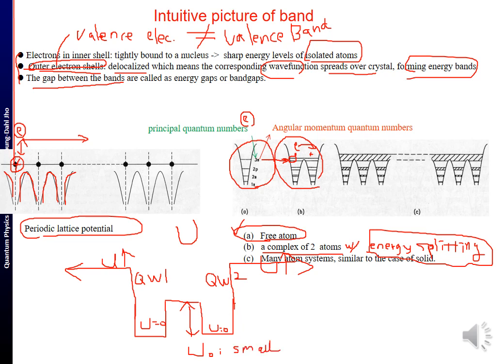And when the barrier is small, then electron wave functions can pass through from one well to the other. Then the electron from this quantum well and the electron from quantum well 2 can spatially overlap, because this one can move around and this one also moves around.